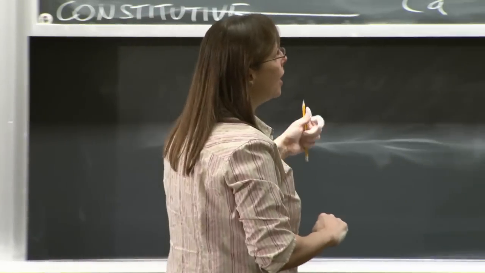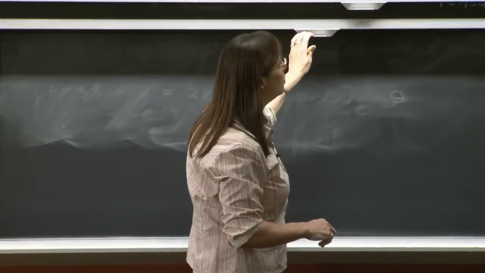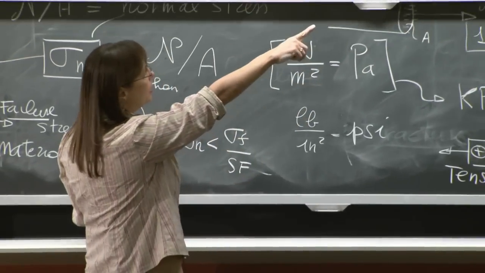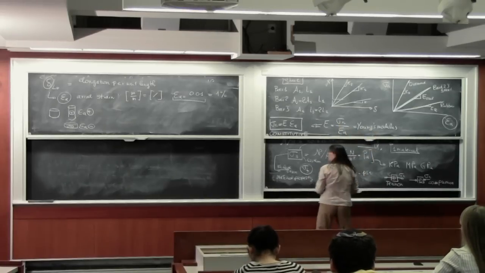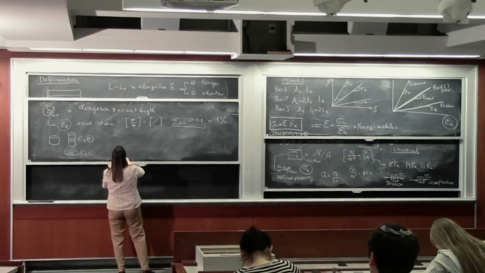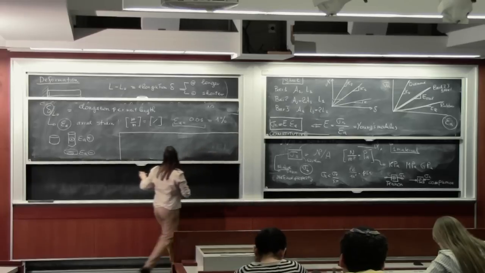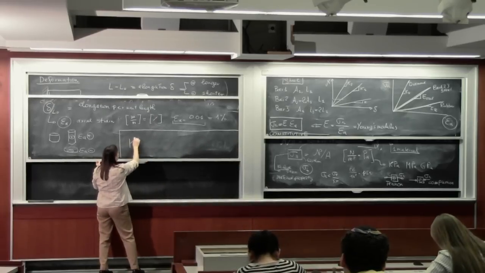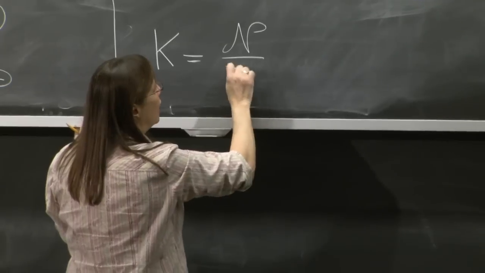And we are done. And one last thing I want to show you is something really cool, because now if you look at this connection between here and here, a little last thing that I want to tell you before we go. You see that the way that we defined the stiffness of the structure was N over delta.